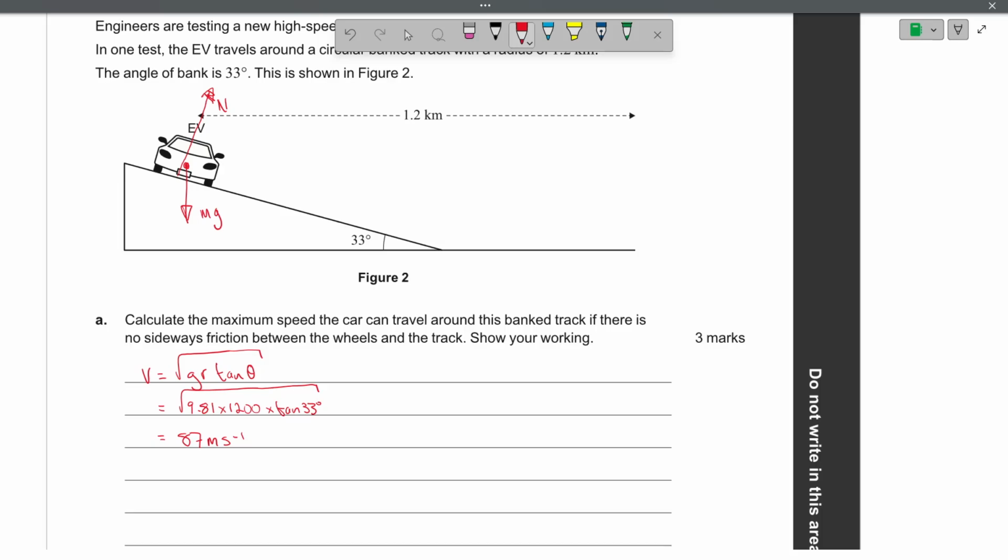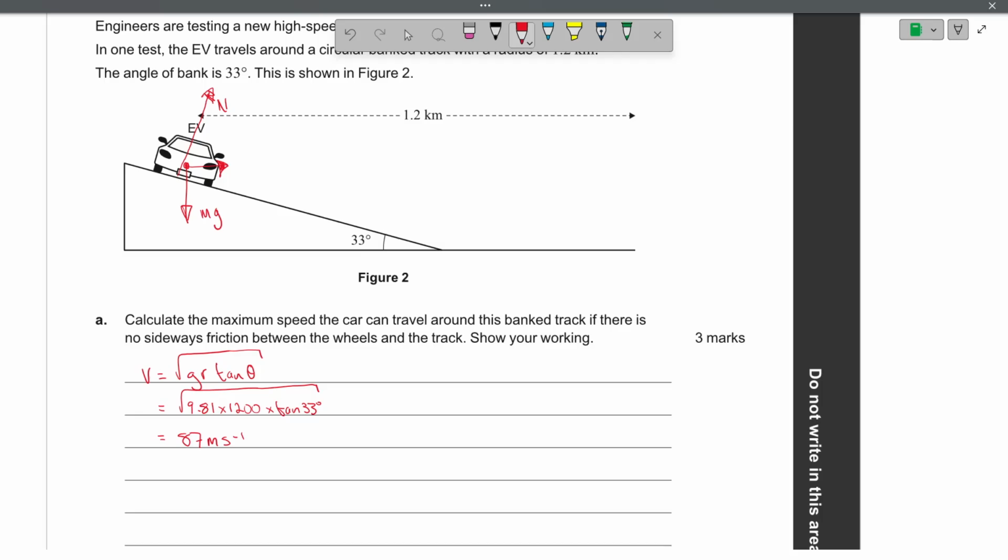Now, because the car is traveling horizontally, it maintains the same height from the ground at all times. So that means the center of the path of this car is directly across from it, in line with the center of its circular path, which must mean that there is some centripetal force pushing the car directly to the right at that point in time, directly to the center of its circular path.